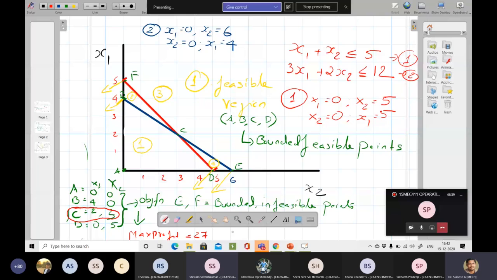Sir, what if the points like B, C, and D are fractional, not whole numbers? Normally you will not end up with fractional results in the case of a linear program. If we are getting fractional results, you can round off to the next digit.